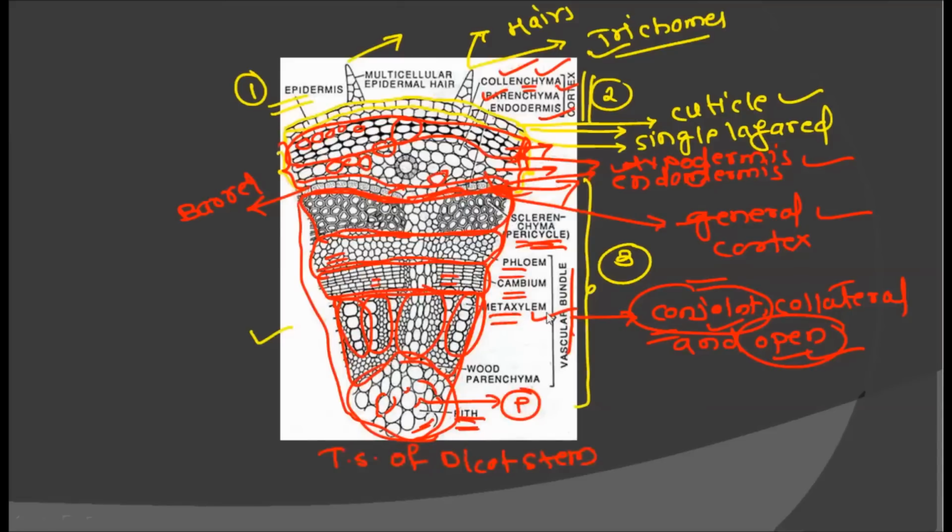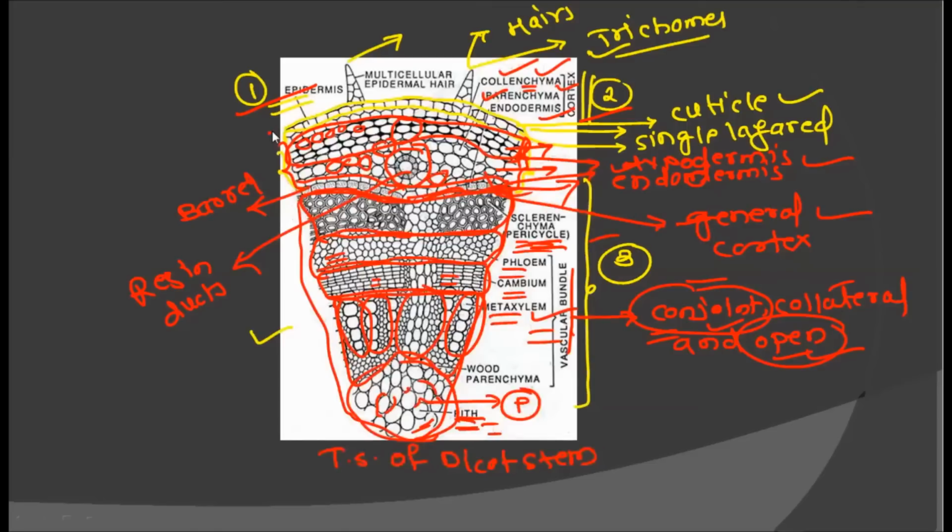All right. So the last part, that is the stele, is made up of pericycle, then vascular bundle, and finally the pith. Here, in this particular diagram, you will observe this kind of structure at the very center of the cortex. These are called the resin ducts. So while you are drawing or writing about the dicot stem, you should remember it is divided into three parts. The very first is epidermis, then there is a cortex, and finally there is a stele.